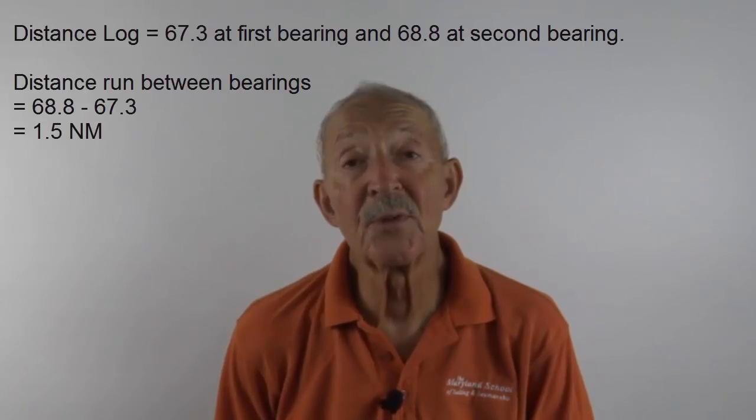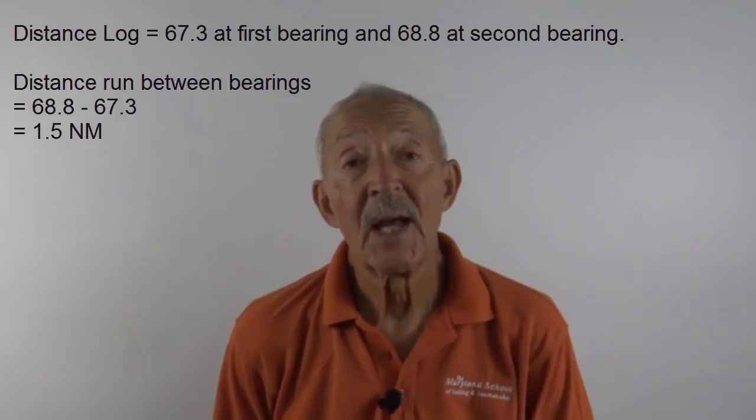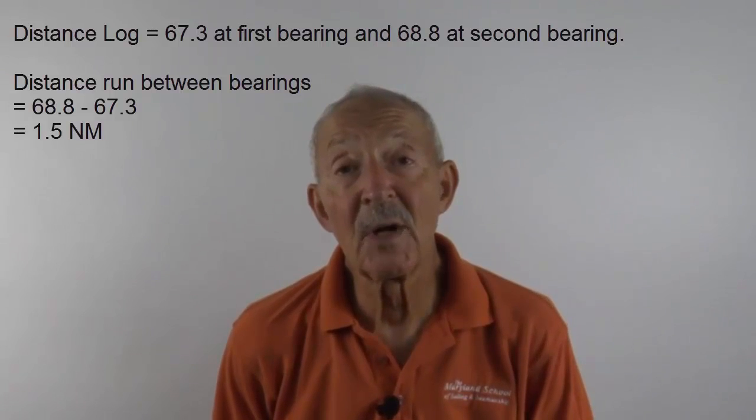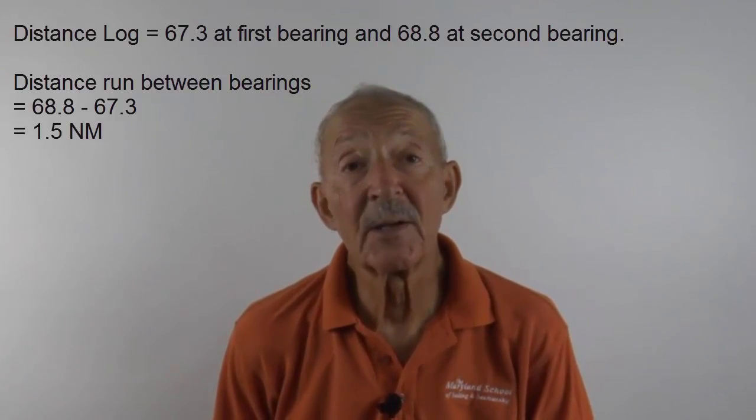In this case, you would read the distance log at the time you observe each bow angle, and take the difference in these logs to compute distance run in the interval between the two bearings. For example, the distance log read 67.3 nautical miles at the time of the first bearing and 68.8 nautical miles at the second bearing.